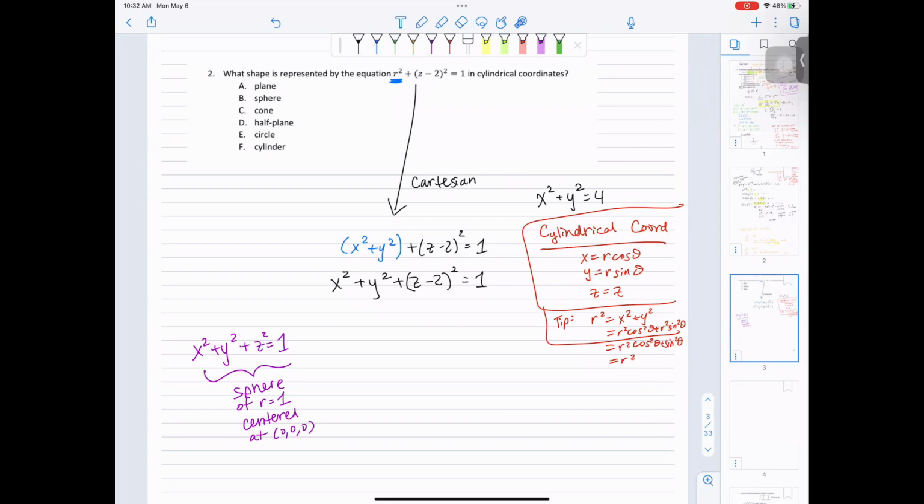Now, the only difference is that we have this z minus 2. So all this changes is what the sphere is centered at. So this is still a sphere of radius 1, but it's centered at 0, 0, 2 instead. So this is a sphere. Questions on question 2?